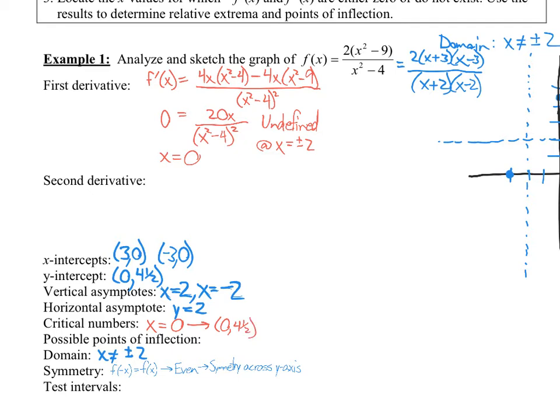Now, this is something that I told you was coming up, and now we're going to see it here. We have to do a sign diagram to determine what we've got and what the direction is here.